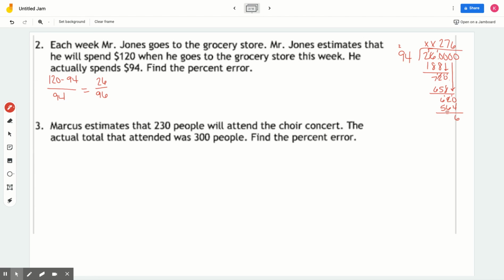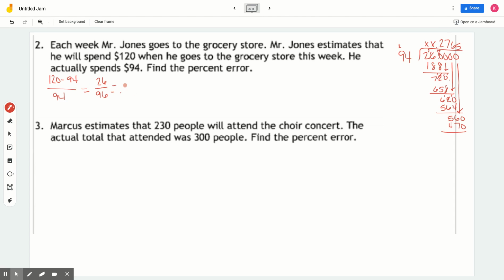We can then subtract to get 56. Bring down that last 0 that we're going to need to round to the 10th of a percent. 94 can go into 565 times, and that would be 470. Now, we can bring that decimal point straight up.